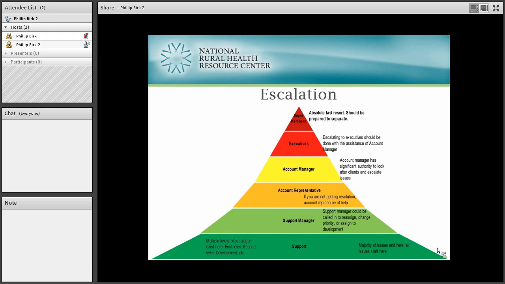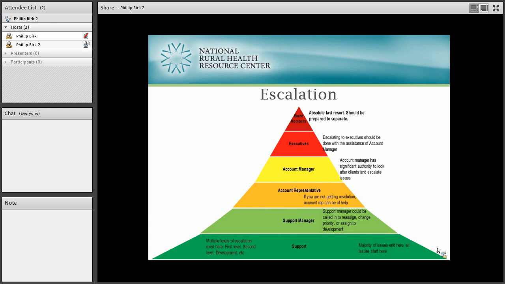Escalation is something that is oftentimes misunderstood and poorly applied. So I want to make sure that we talk a little bit about what the escalation path is. And again, I'm generalizing this a bit. This is not the same for every vendor, but almost every problem should start out at the support level, right?